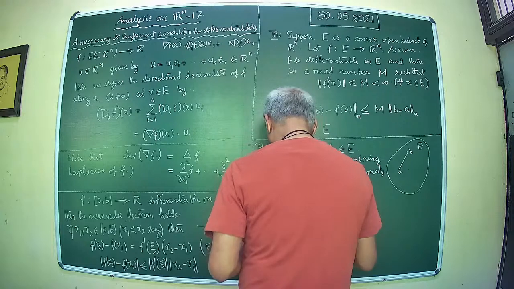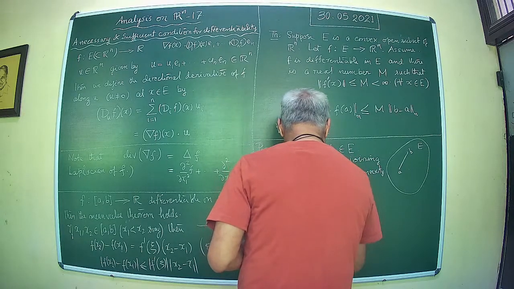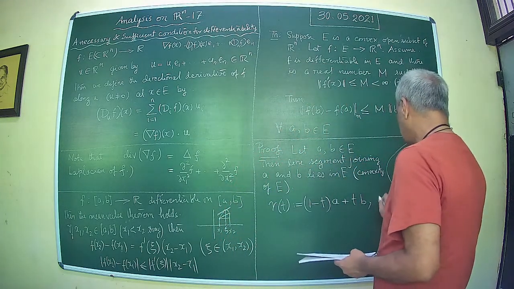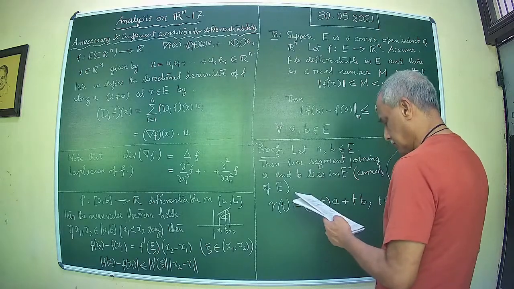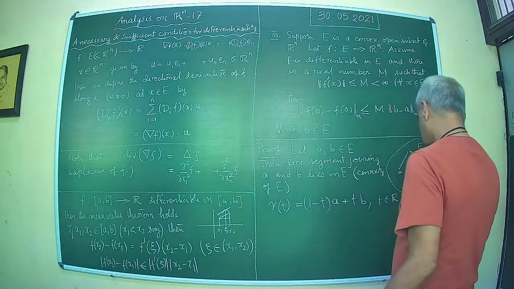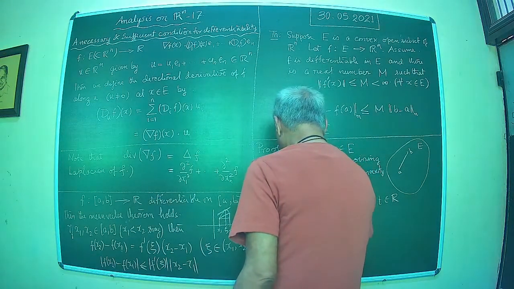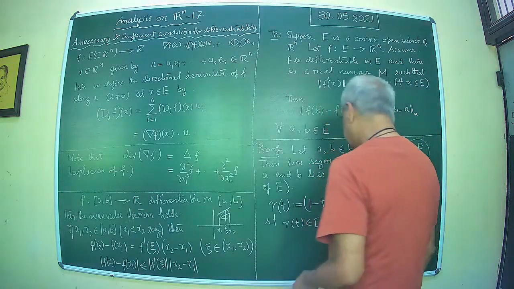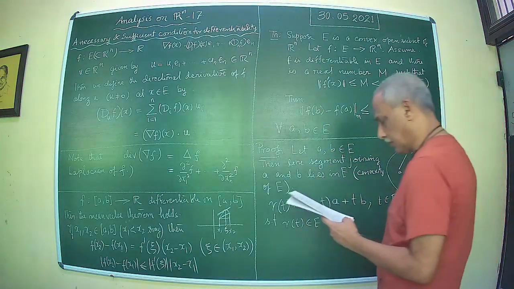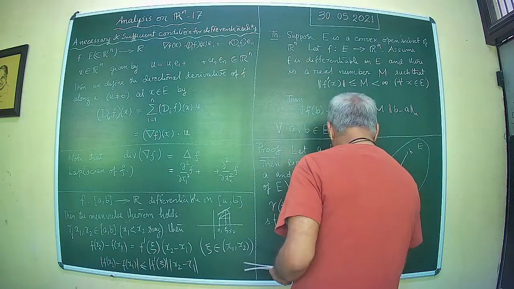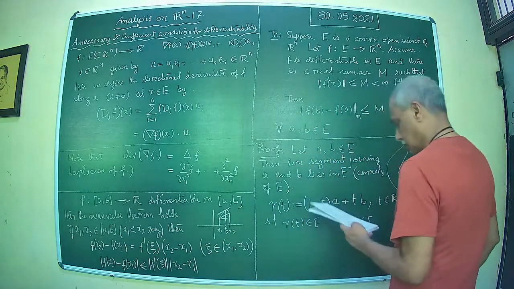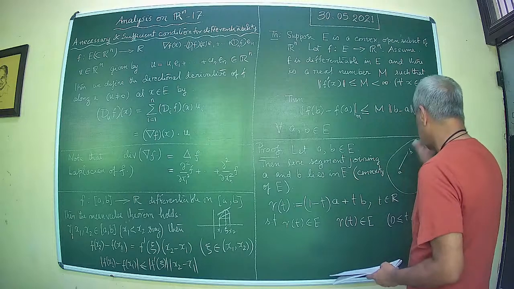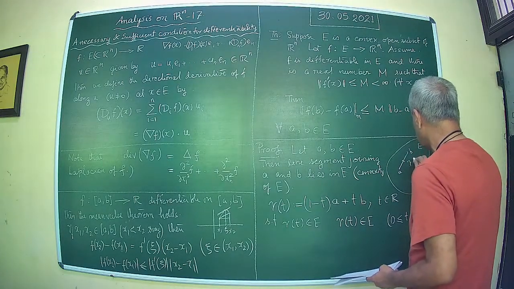Let gamma t be defined by (1 minus t) a plus t b for t belonging to R, such that gamma t belongs to E. Since E is convex, gamma t belongs to E for 0 less than or equal to t less than or equal to 1, because on this interval any arbitrary point on the segment is given by gamma t.